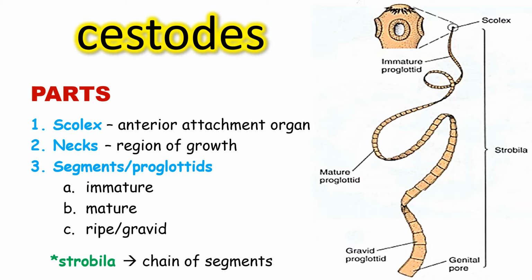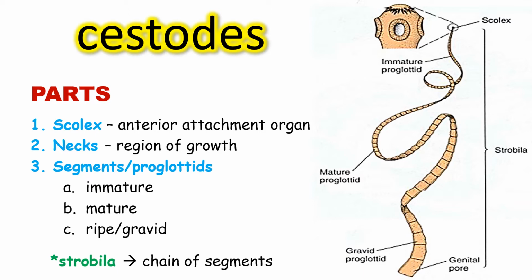The immature ones are the new segments, so in this particular proglottid, reproductive organs are not well developed. A mature proglottid, which is more distal to the neck, has well-developed organs or a complete functional set of male and female reproductive organs. But take note that in a mature proglottid, there are still no eggs present.